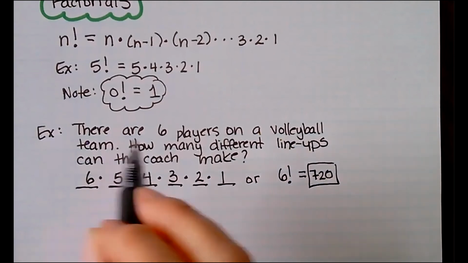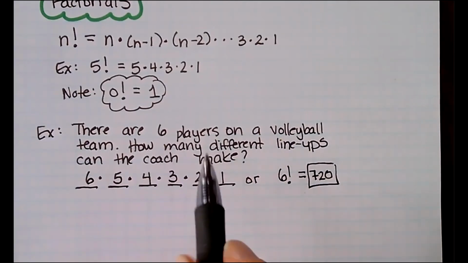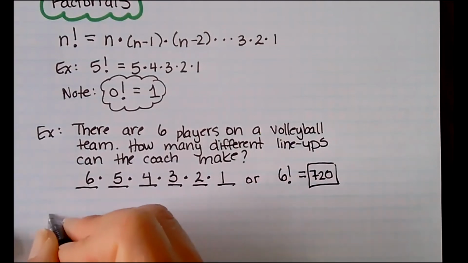Now I'm going to take this one step further. In this case, we had 6 people for 6 positions. What if we have more people than positions, which usually happens on a team?